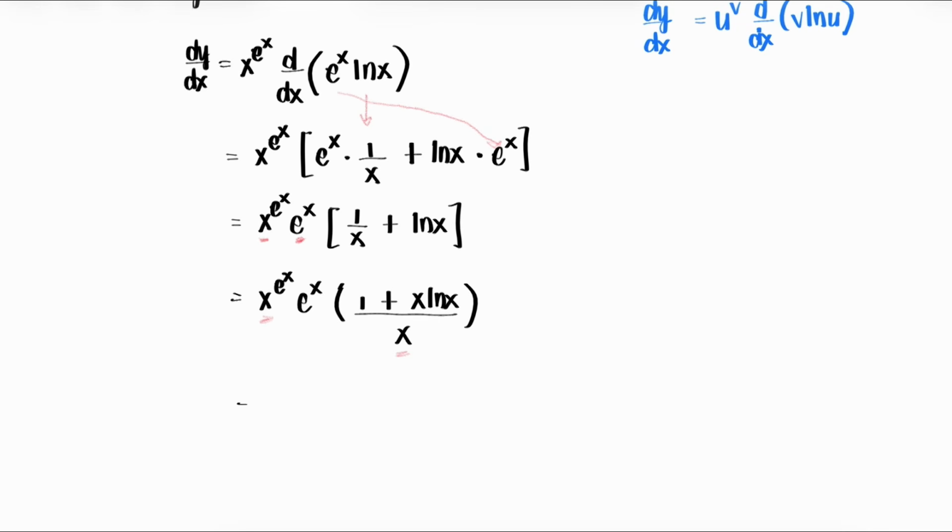So we can write that now as x to the power of e to the power of x minus 1, okay, lots of exponents, times e to the power of x times 1 plus x ln of x. That is our derivative dy dx.